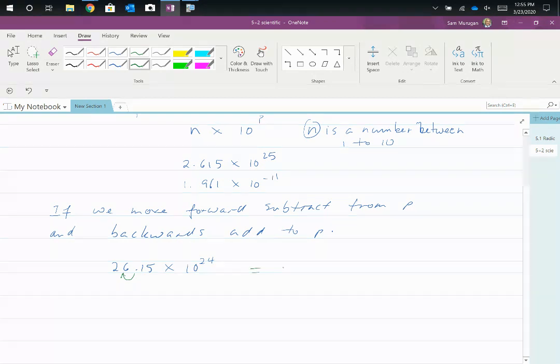That means we add 1 to the power of 10. So 2.615 is a number between 1 to 10, and we add 1 to the 24 and make it 25.